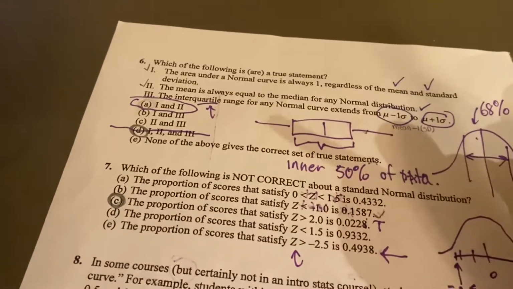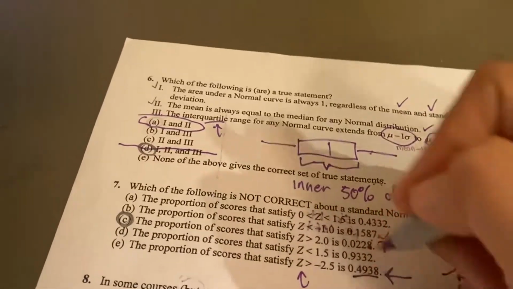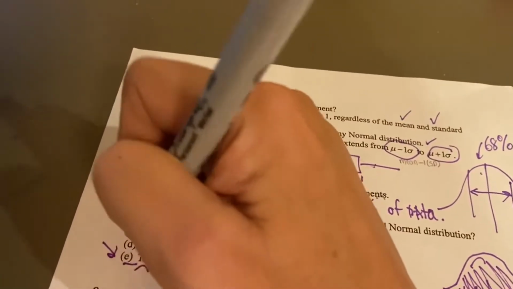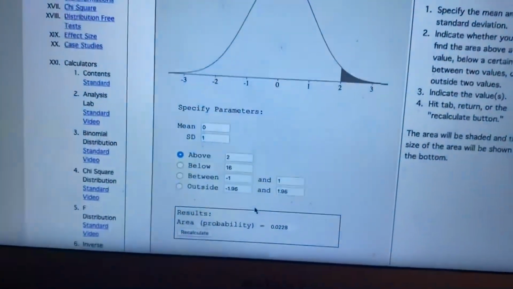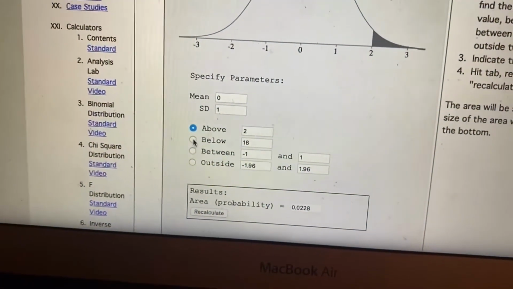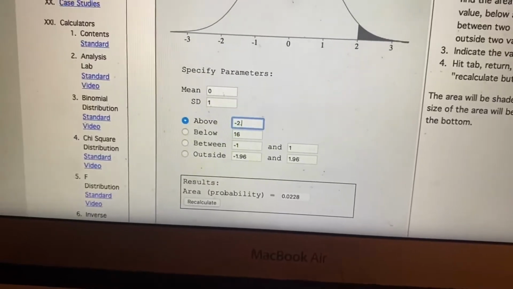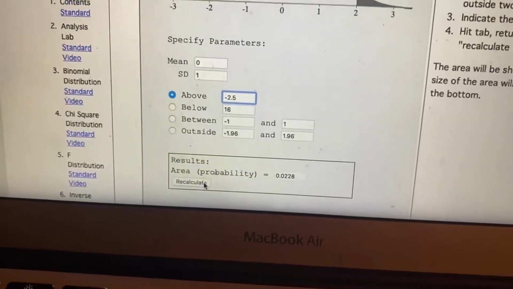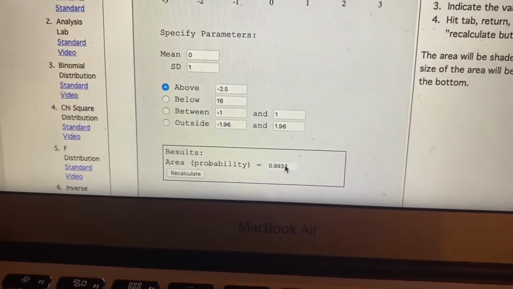So that means the area under this curve to the right is going to be way bigger. So this one is the answer and E is false. Now let's prove it. When will it be greater or above -2.5? It looks like, yeah, a much bigger number than 0.49.